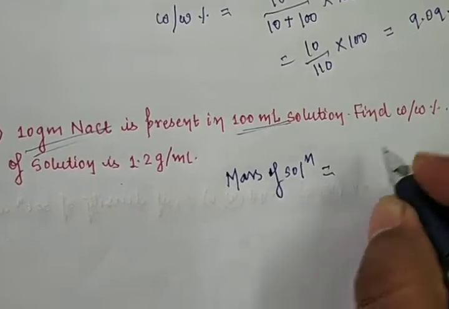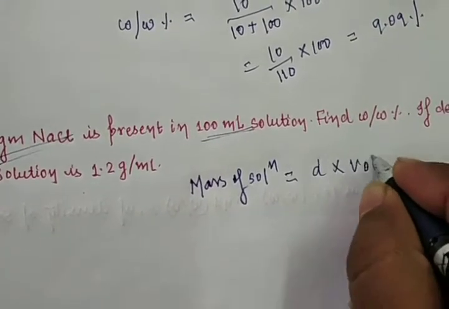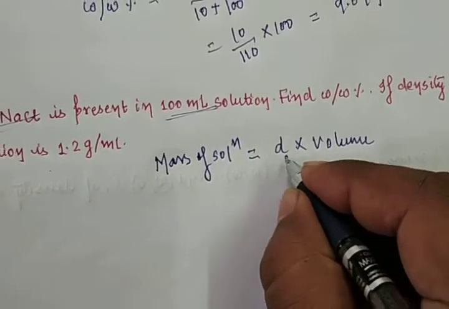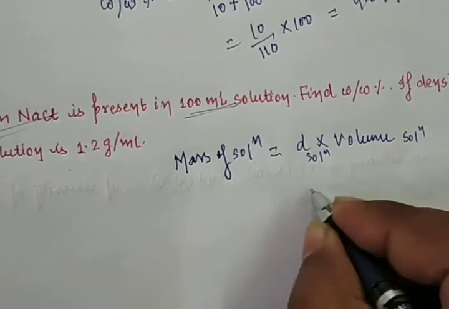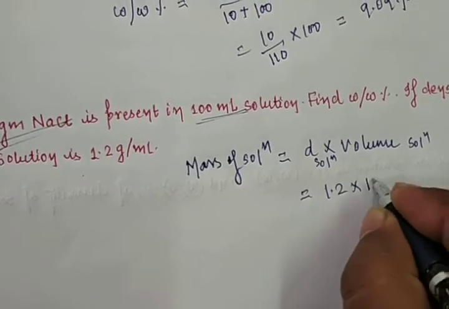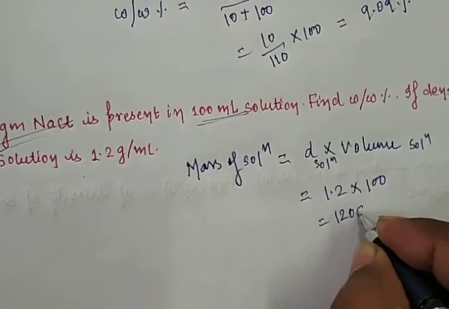You know mass of solution is density into volume. So density of solution into volume of solution. The density of solution is given as 1.2 and volume of solution is given as 100 ml. Now here there is 120 gram of solution.